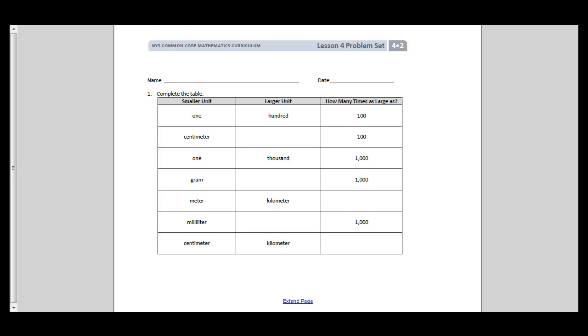So you can see that we're starting with the smaller unit first. So if I have a centimeter, we can think of ones can be compared with hundreds because they're 100 times larger. So we're kind of comparing this with a place value chart. So if this is a centimeter, then the 100 would kind of be like a meter, because a meter is 100 times greater than a centimeter.